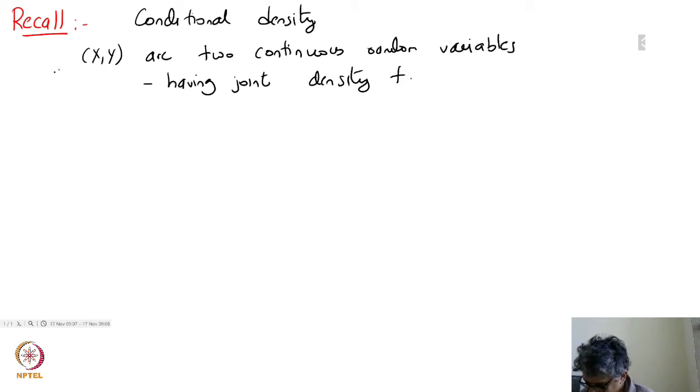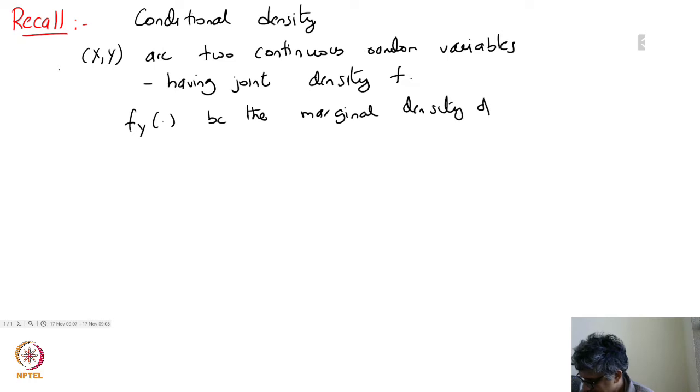You let the marginal of f, let's say f sub y, be the marginal density of y. And f is then the conditional density. So let's say you take a b in R, for which f sub y at the point b was positive, the density gave a positive number, and you assume that f is continuous at b.